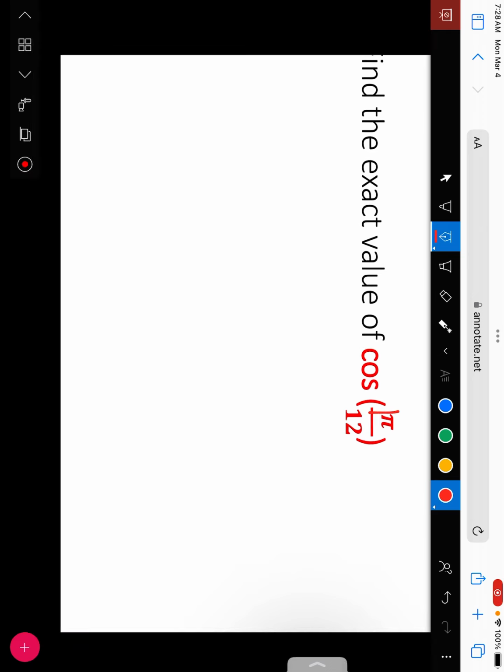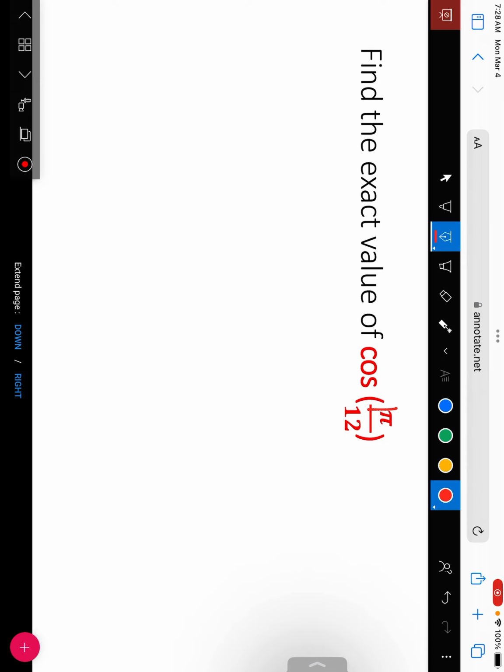So when I'm looking at this, I think, okay, I got 1/12. So I know I could do 3 over 12 minus 2 over 12, or I could do 4 over 12 minus 3 over 12.